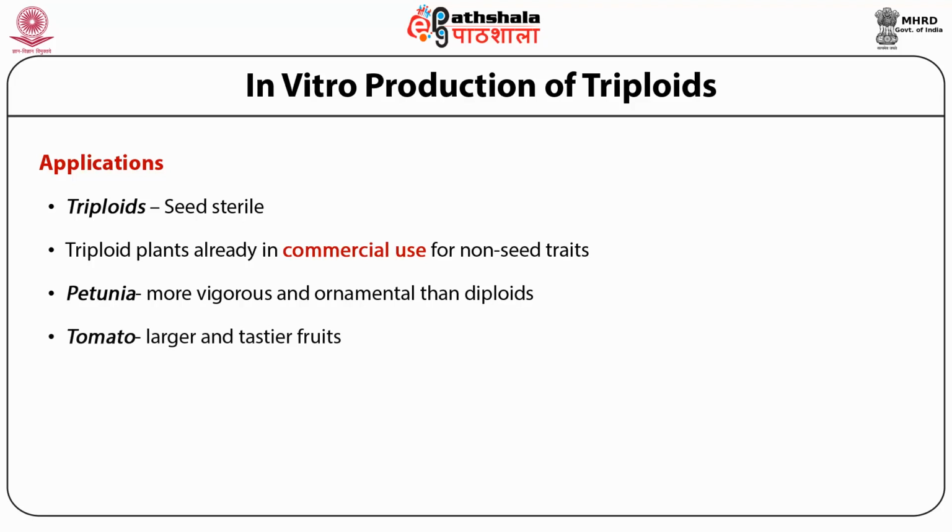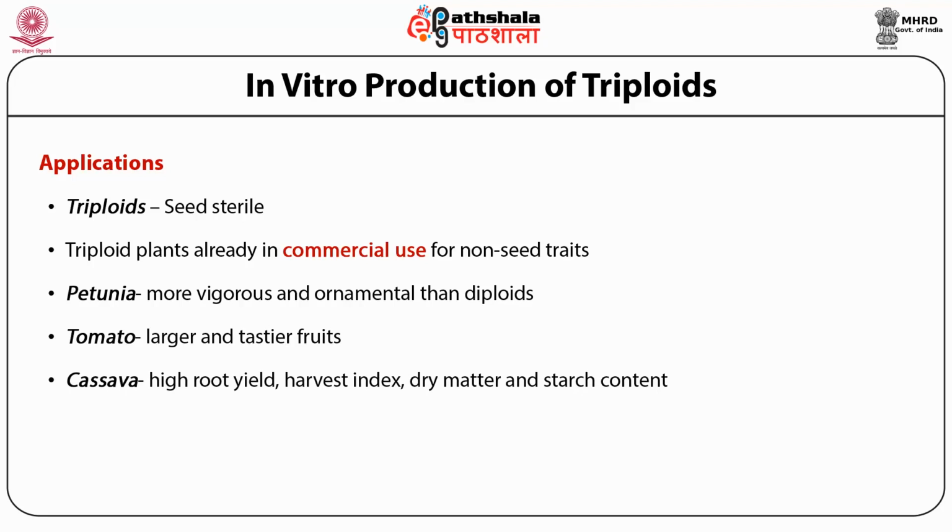In tomato, the triploid fruits are larger and tastier. And in cassava, the roots have a high harvest index, dry matter is high, and starch content is high. And in the case of coccinia, larger and less stringy fruits are formed as compared to the diploids.